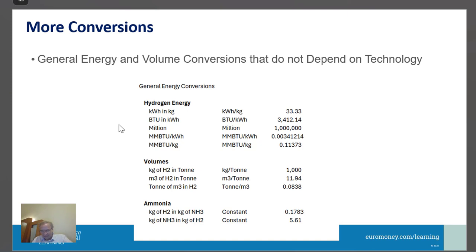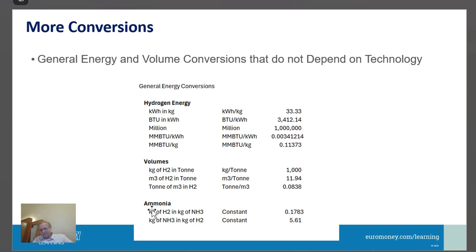The reason we do that is because the price of electricity going into the hydrogen is measured in kilowatt hours for green hydrogen from electrolyzers, and for SMRs it's measured in MMBTUs. We can do the same kind of thing with kilograms to tons.